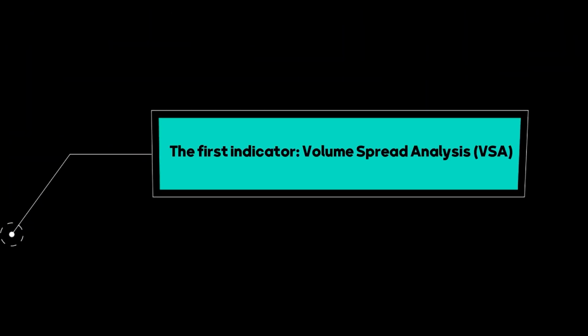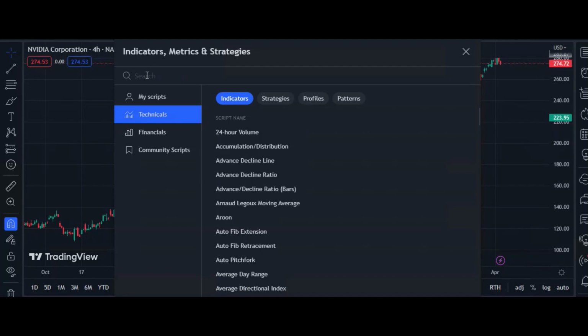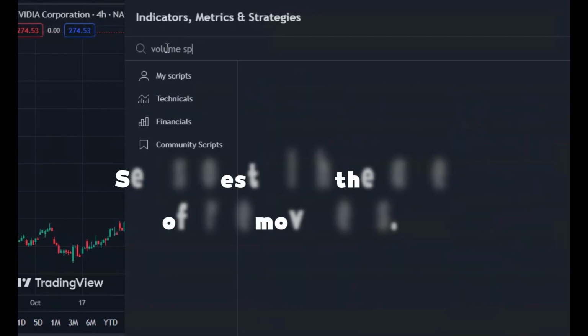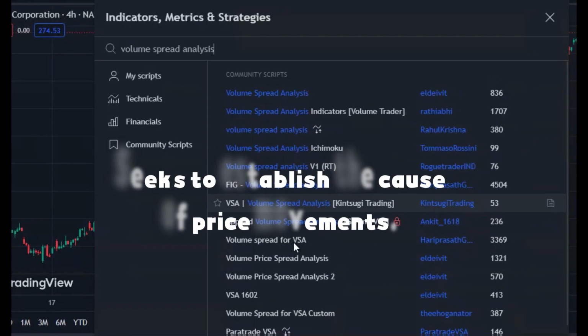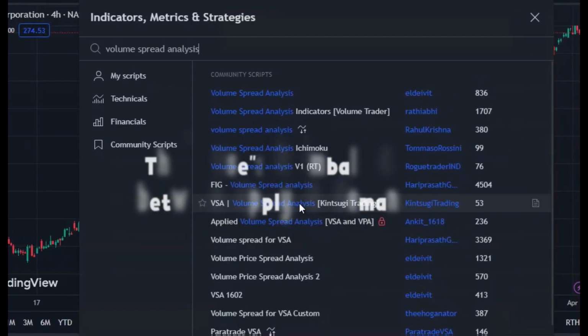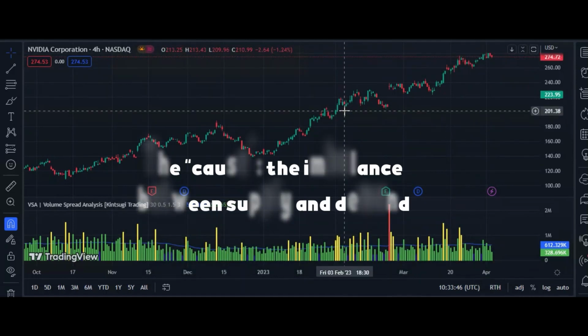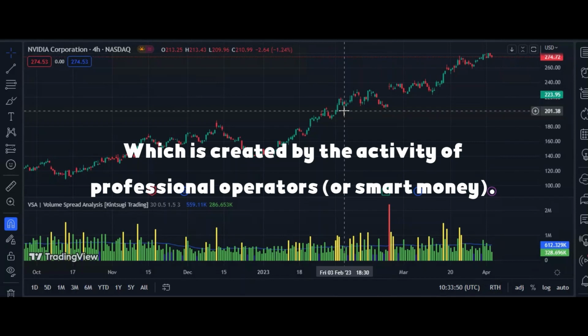And finally, the first indicator, volume spread analysis or VSA. This one by Kinsuki Trading. Volume spread analysis, or VSA, seeks to establish the cause of price movements. The cause is quite simply the imbalance between supply and demand in the market, which is created by the activity of professional operators or smart money.